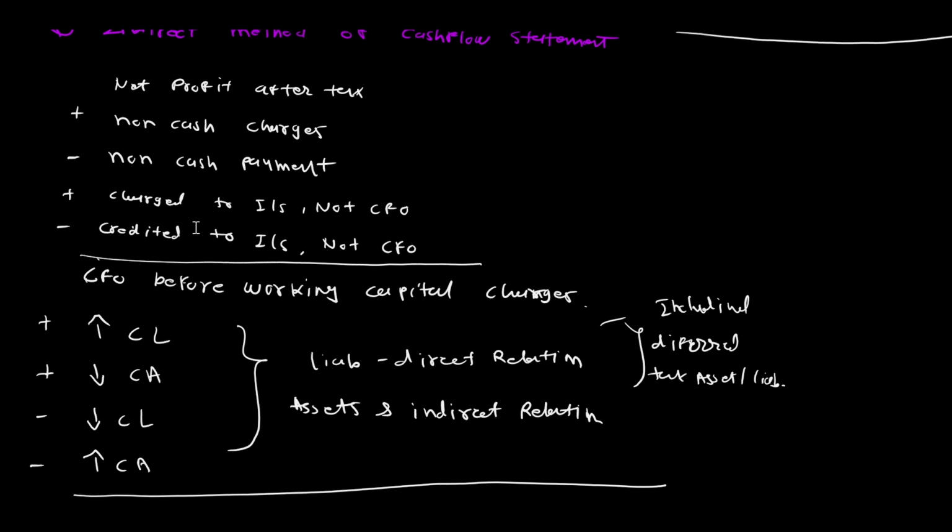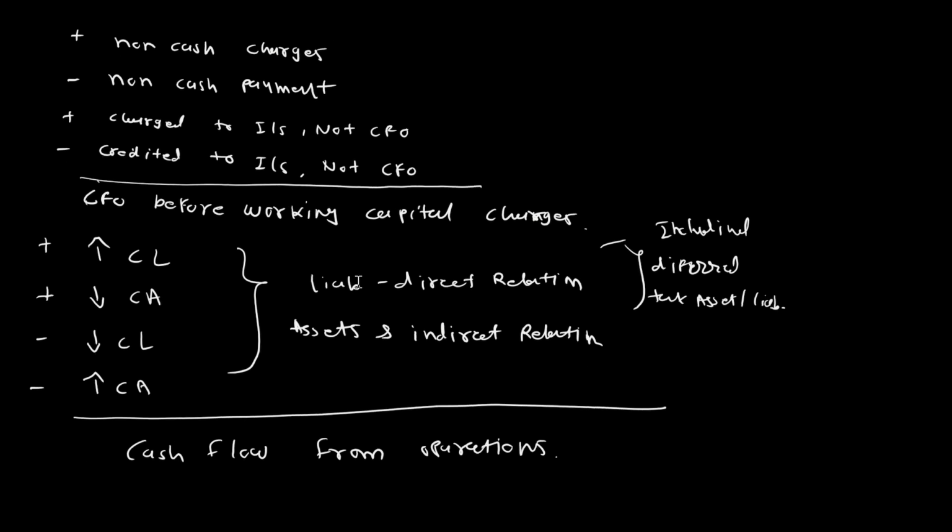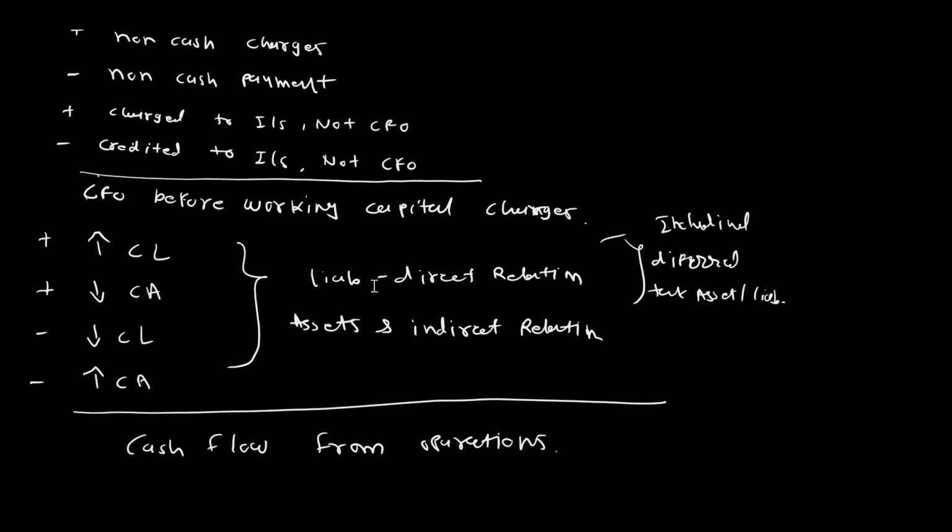So a charge to the income statement, not of CFO, is added, and a credit to the income statement, not of CFO, is subtracted. With this movement we get the cash flow from operation before working capital changes.